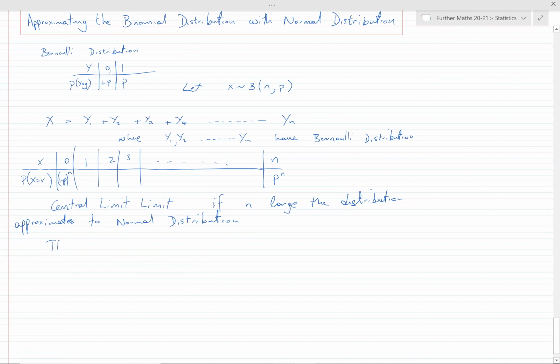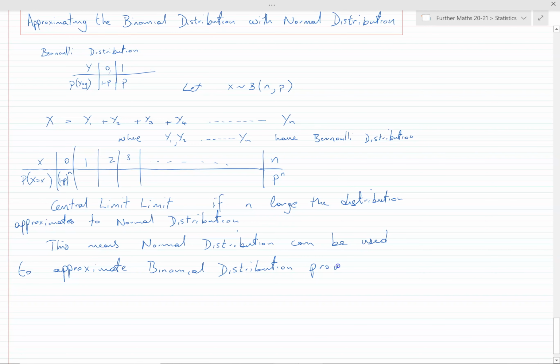So this means the normal distribution can be used to approximate the binomial distribution, provided n is sufficiently large.